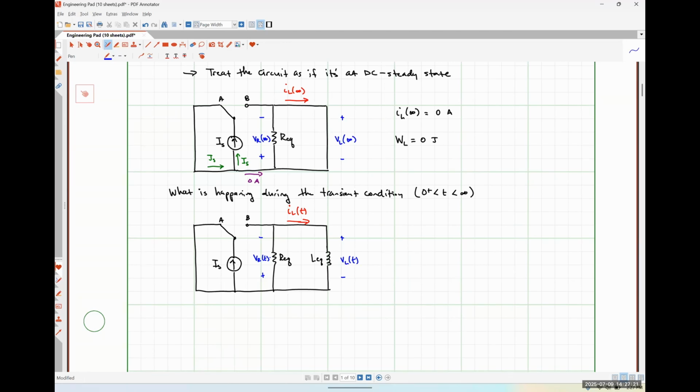But we've changed the position of the switch and disconnected that current source.